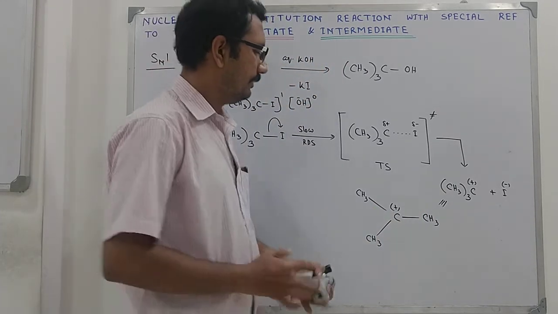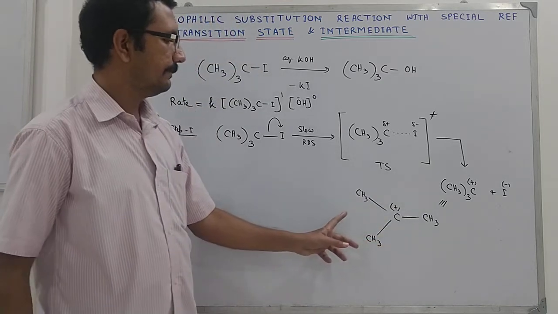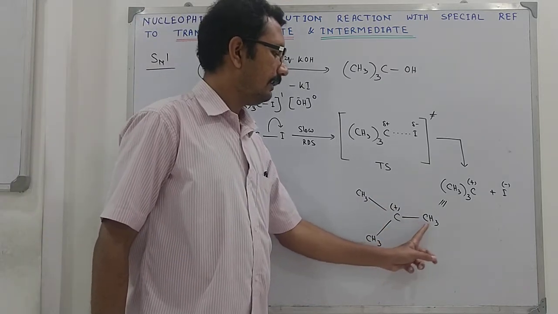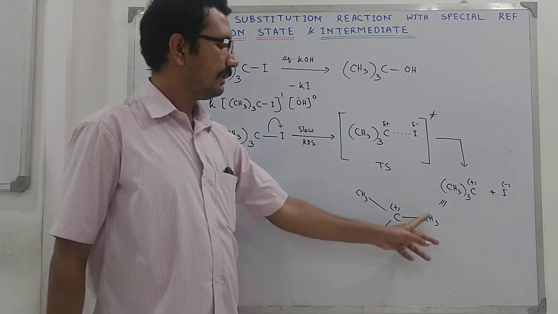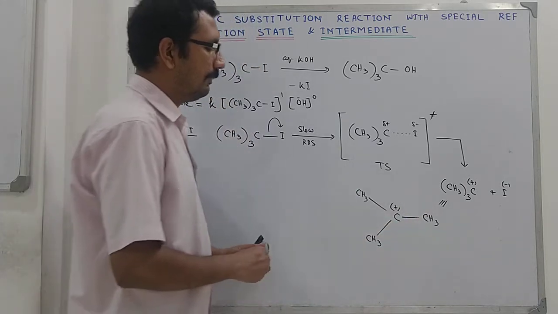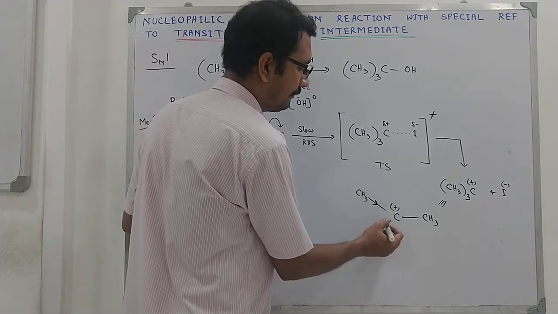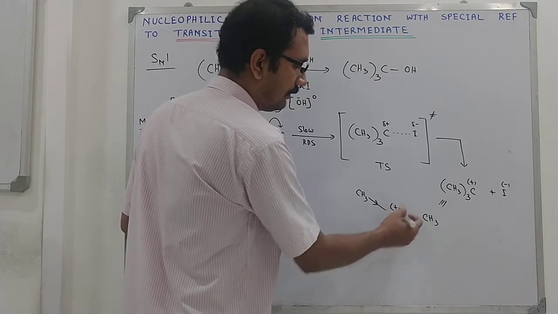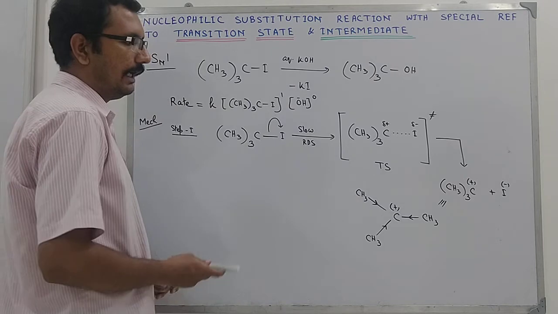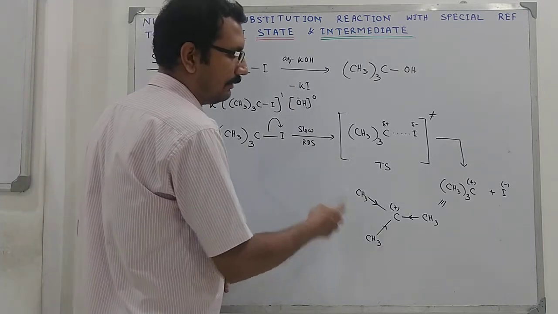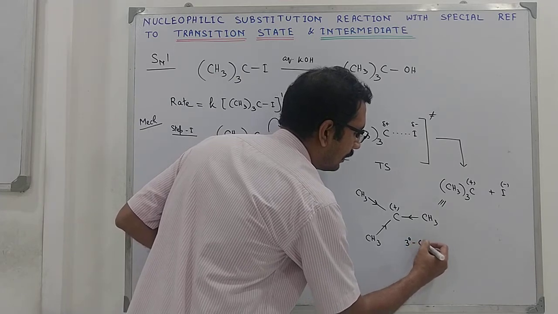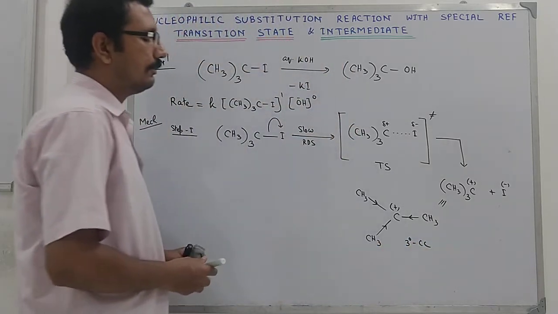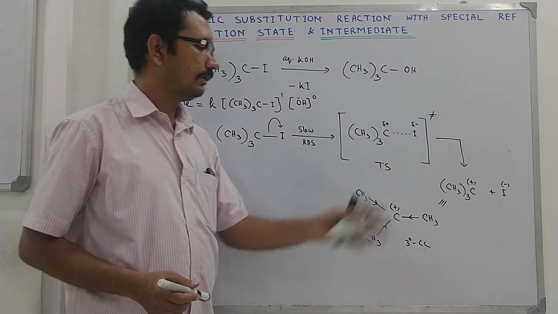Now see, we have 3 plus I effect here and 9 alpha hydrogens. So 9 hyperconjugation and 3 plus I effect will diminish the positive charge on this carbon atom, and this carbocation will be stabilized. So it is a 3 degree carbocation and it is comparatively stable among other carbocations.